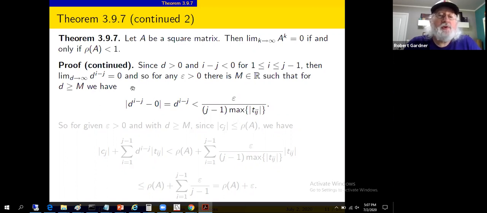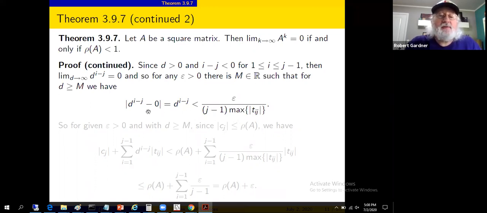So we're going to use an epsilon definition. Arguably, this is just calculus 1 stuff. Here, we'll take epsilon to be greater than 0. Then we know there exists an m, a real number, such that whenever d is sufficiently large, greater than or equal to m, we've got the absolute value of d to the i minus j minus 0, the distance between these two, is small.